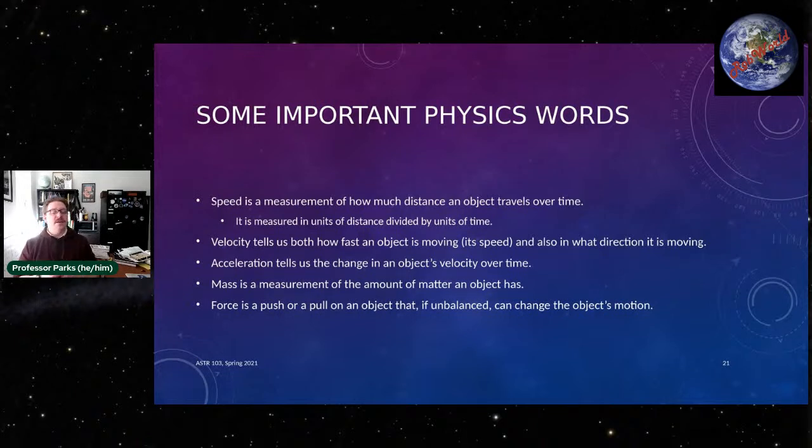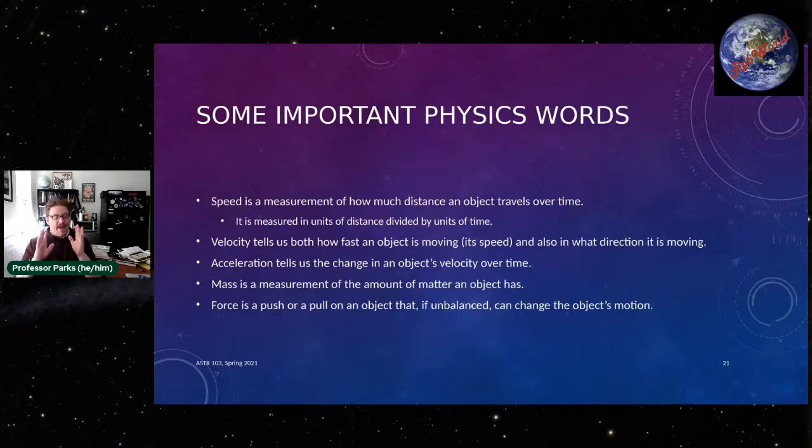So when I say that acceleration is a change in the object's velocity over time, that can actually happen one of two ways. Something can accelerate if the object's speed changes, basically the magnitude of the velocity changes. So if I go from 88 miles per hour to 0, then I am decelerating, or accelerating in the opposite direction of motion quite a bit.